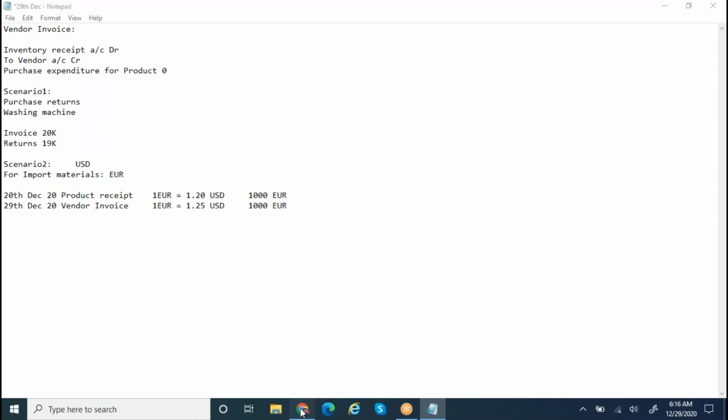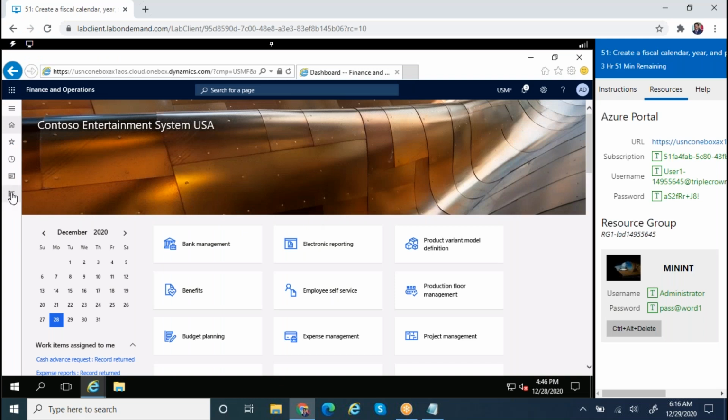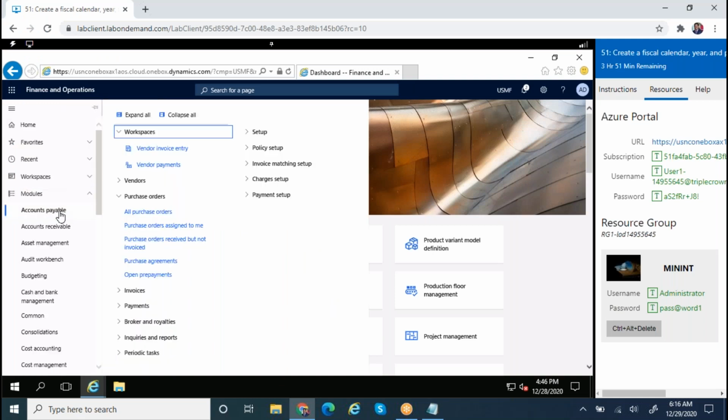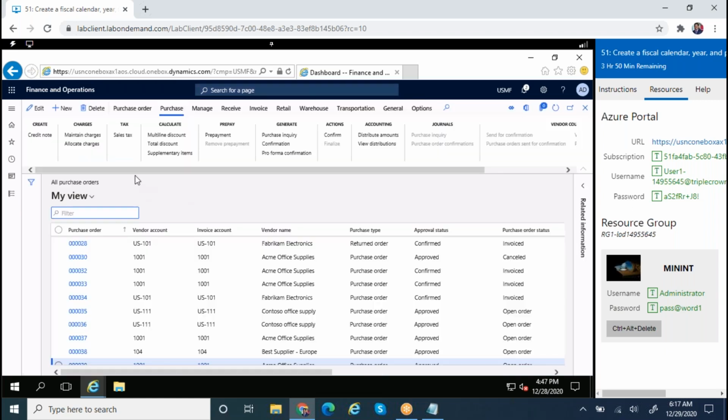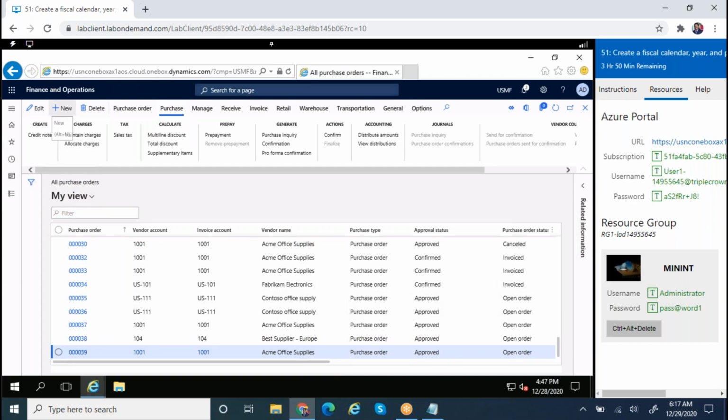I will create one transaction so that we can understand. Purchase orders. I'm creating a new purchase order.